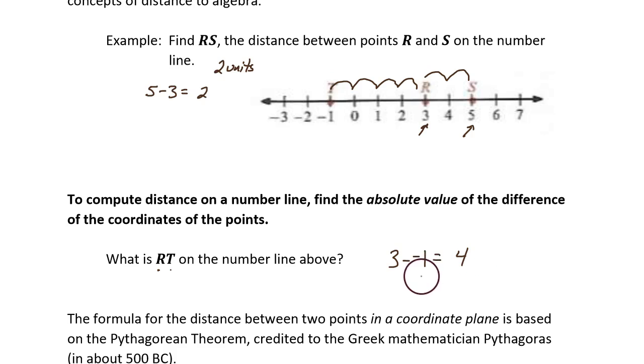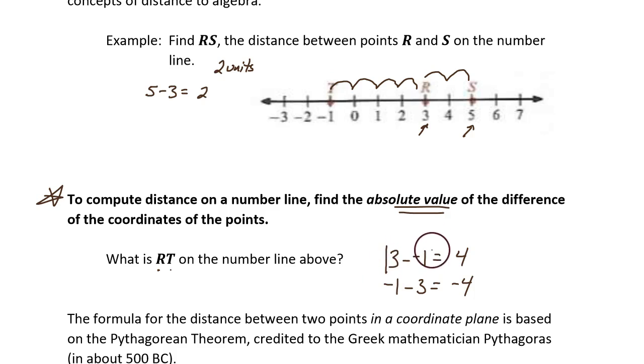Now, what if somebody else considered the ending value to be the -1 and the starting value to be the 3? Then when you subtract, you get -4. But we don't want to get 2 different answers when we're finding the distance between the same 2 spots. That's why this theorem talks about using absolute value bars around your math problems.